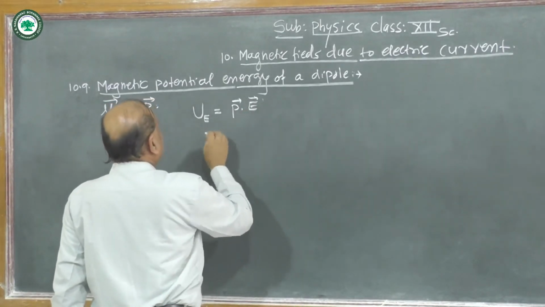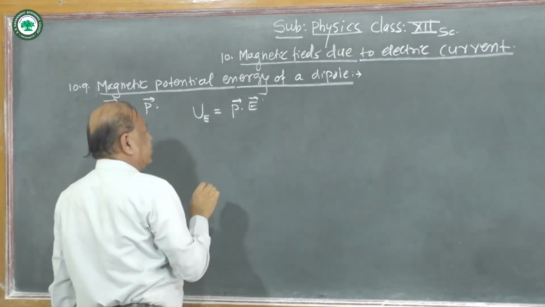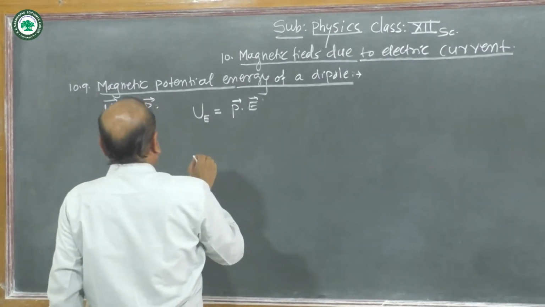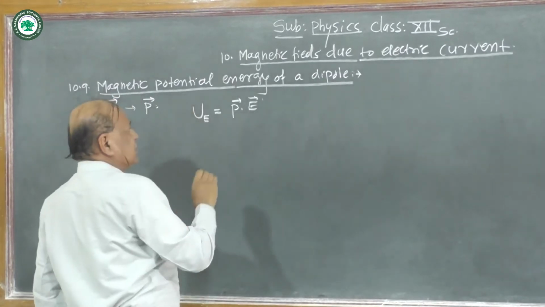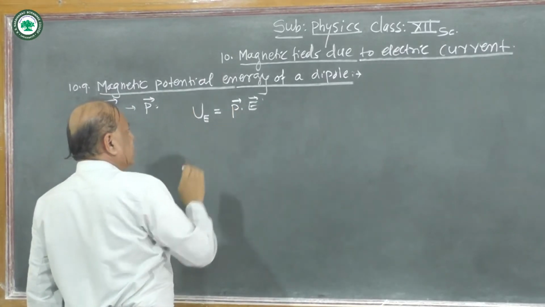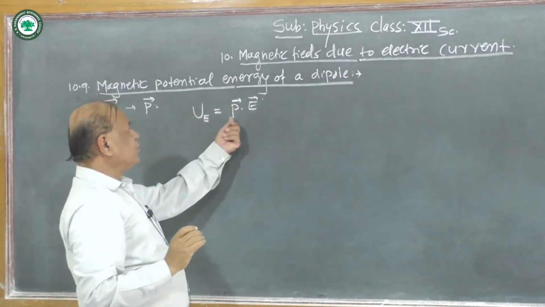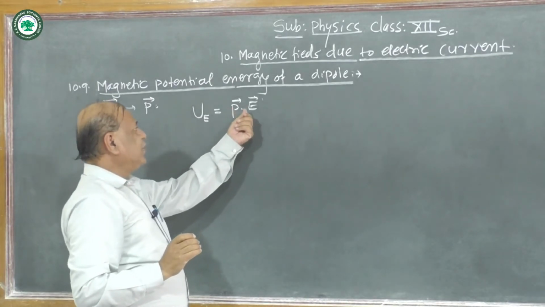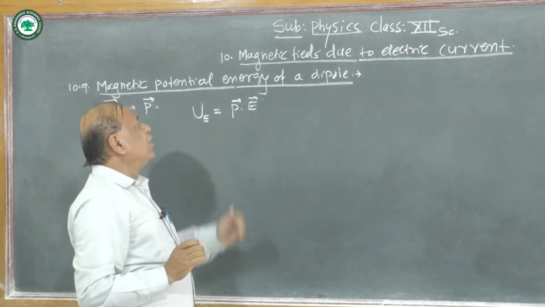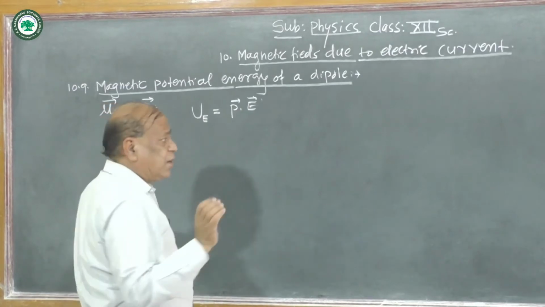This potential energy of the electric dipole is given by UE equal to vector P dot vector E bar.